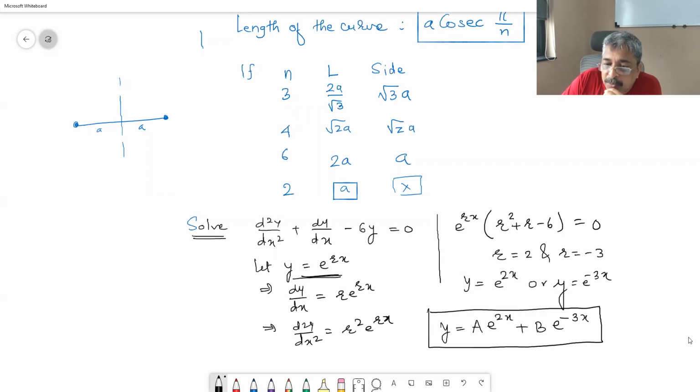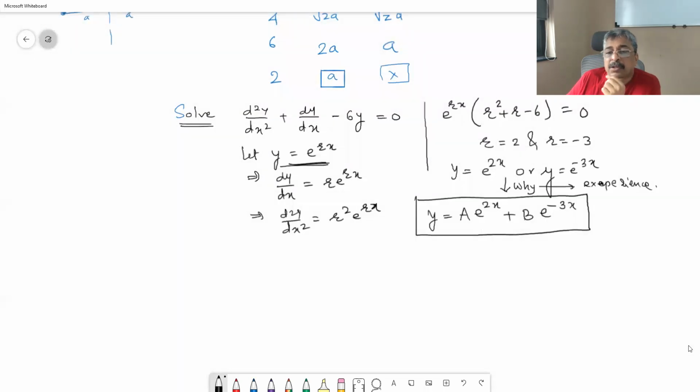Now, why from this step to this step? Why? Experience. Okay, so if this is our solution of this differential equation, then we cross check whether we get back the original equation.